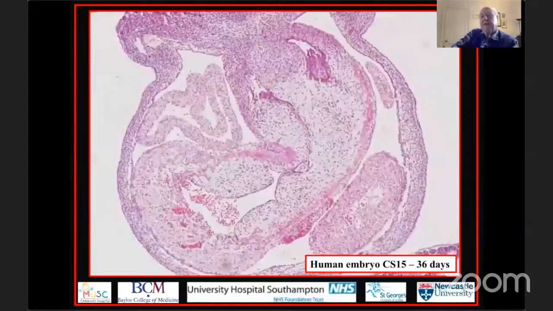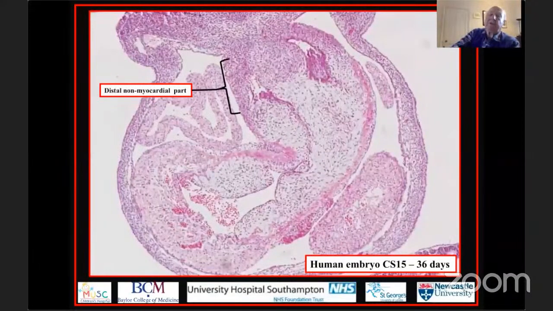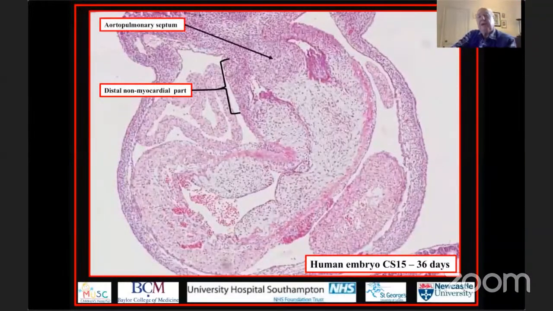I can show you that again in a histologic section, and there very nicely now you see the distal non-myocardial component and the aortopulmonary septum that is separating the cavity of the intrapericardial aorta from the intrapericardial pulmonary trunk. In this particular embryo, again graded at Carnegie stage 15, the aortopulmonary septum in fact has fused with the distal margin of the outflow cushions, obliterating the aortopulmonary foramen.